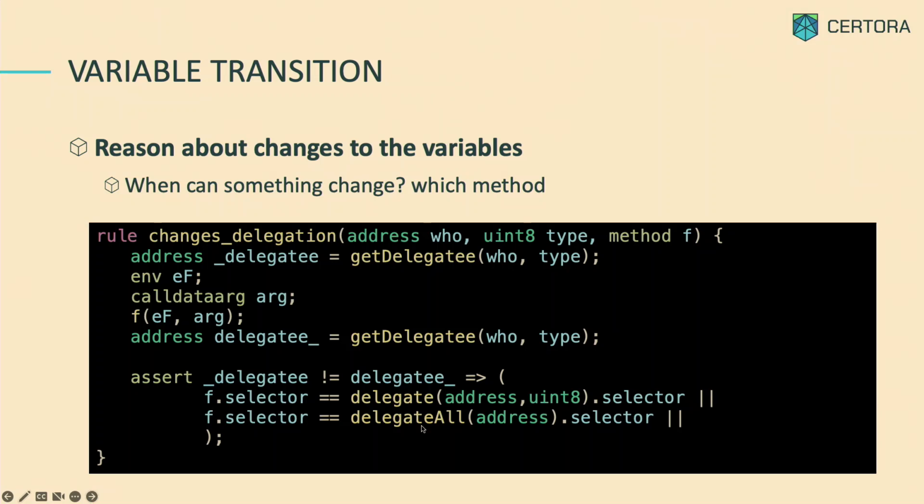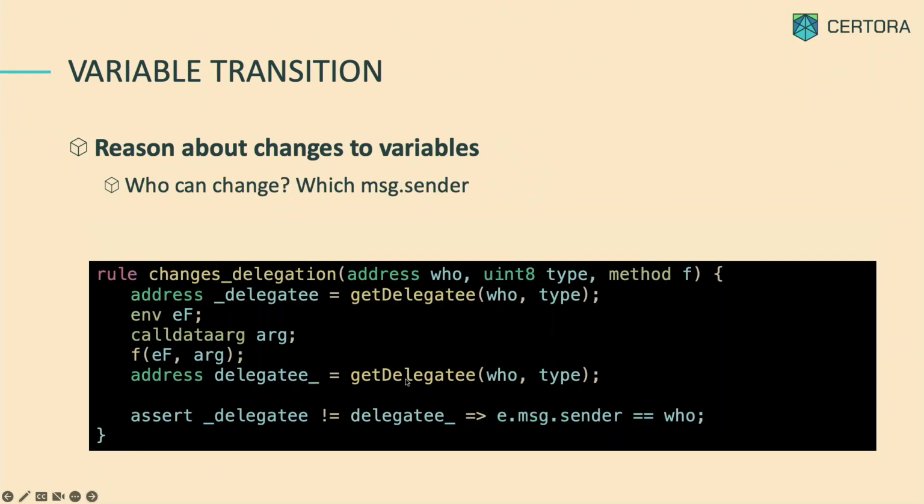Okay, so this is one type of reasoning about changes to a variable. And then we can also ask, but who can change? Maybe we don't really care. Many functions can change, but it should be a specific message sender. So this is like only a user can change its delegatee.